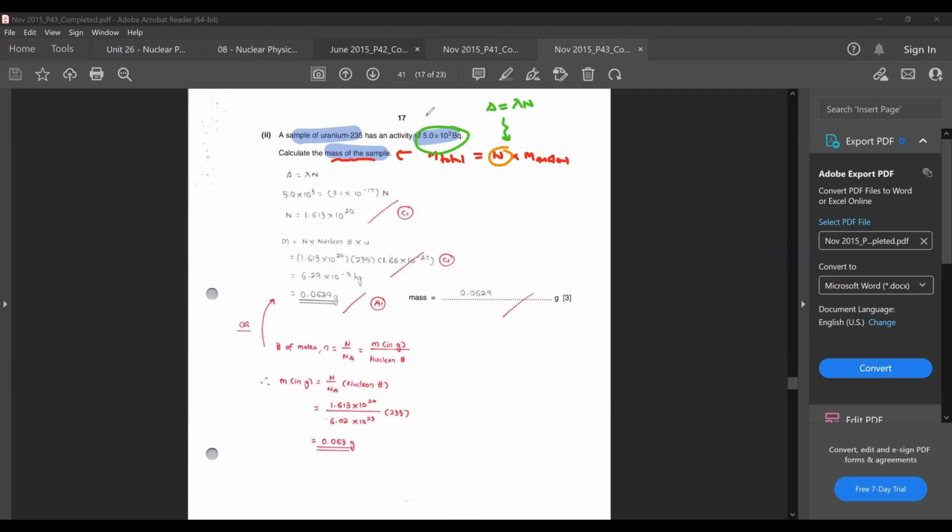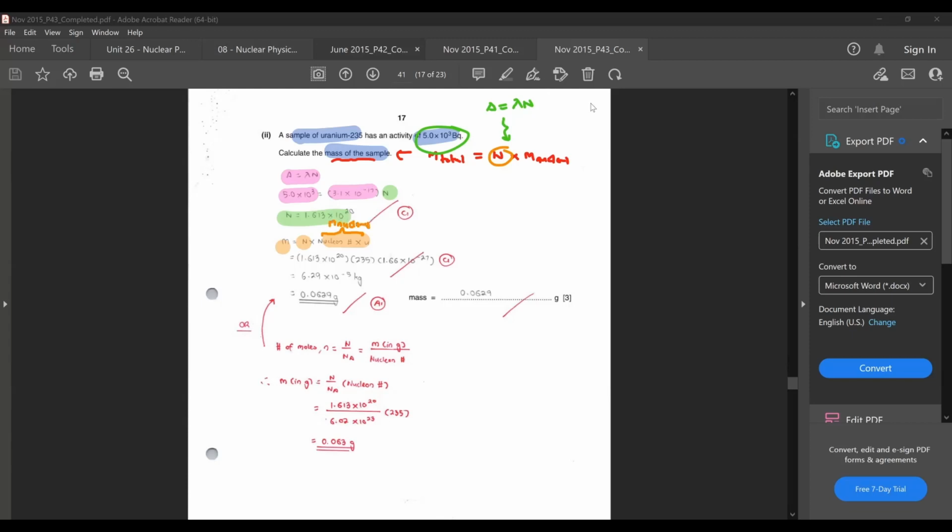So here you use A equals lambda N, activity 5 times 10 power 3, decay constant 3.1 times 10 power minus 17. Eventually, your number of nuclei will be 1.613 times 10 power 20. Then you move on to finding the mass of the sample, which is number of nuclei multiplied with nucleon number times u, because this is the mass of your nucleus.